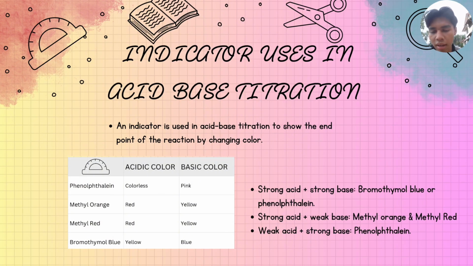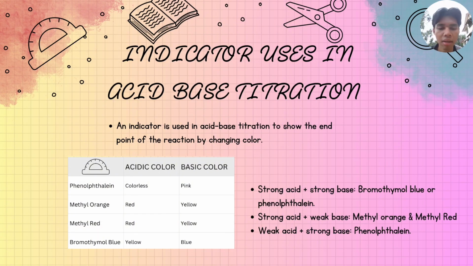The acidic color is colorless and the basic color is pink. Then methyl orange and methyl red, which have the same properties: the acidic color is red and the basic color is yellow. And the last one is bromothymol blue, where the acidic color is yellow and the basic color is blue.